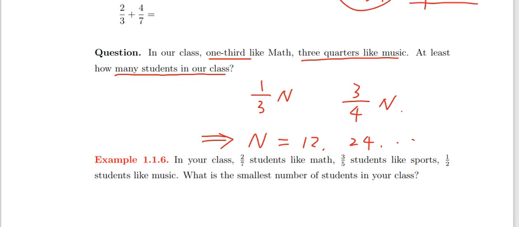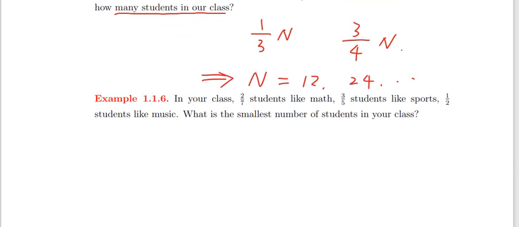So now let's consider another problem with several fractions. 2/7 of students like math, 3/5 like sports, 1/2 like music. So what is the smallest number?